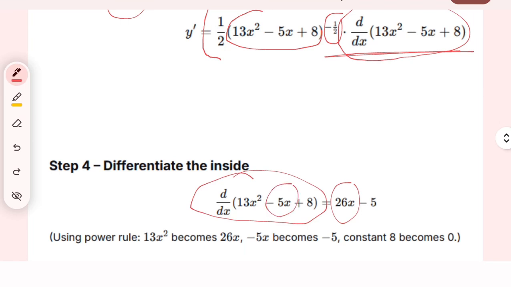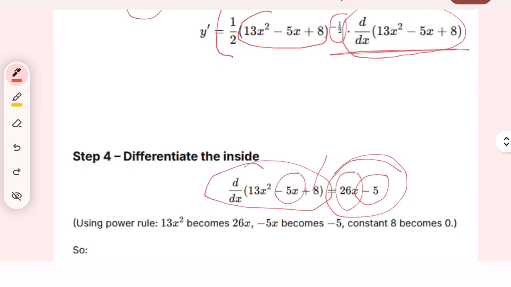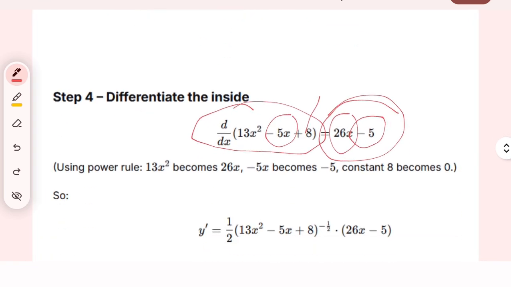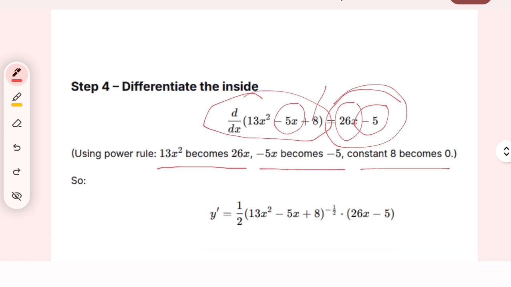Minus 5x, the derivative is minus 5. 8, the derivative is 0. So the derivative of the inside is 26x minus 5. So using the power rule, 13x squared becomes 26x, minus 5x becomes 5, constant is 0.